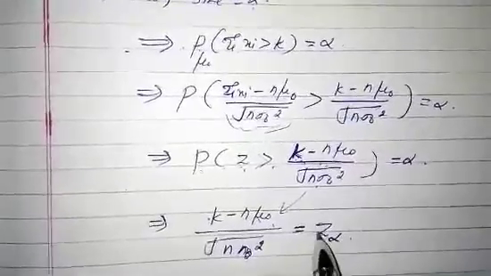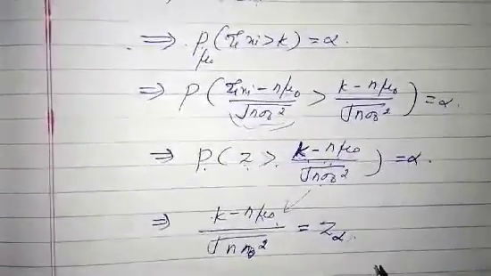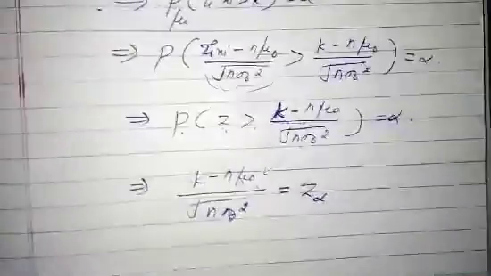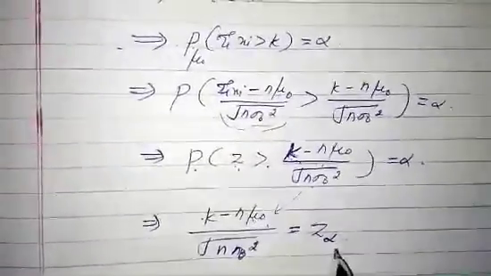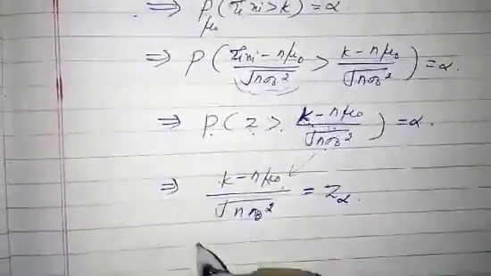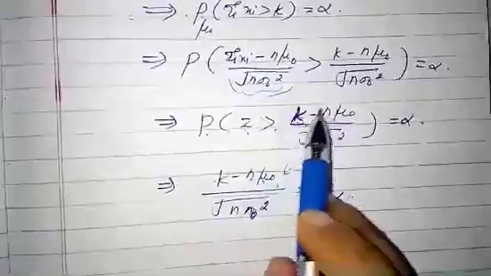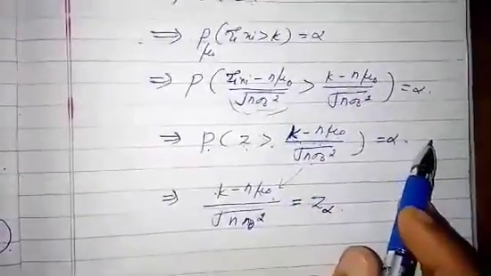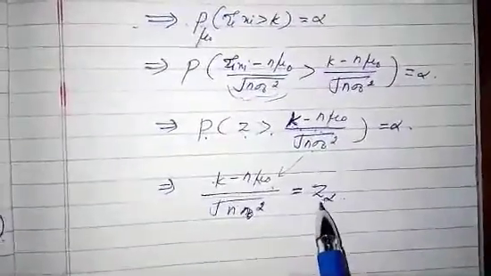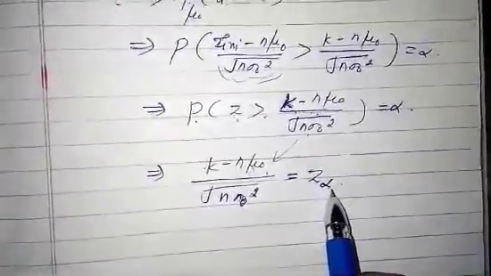This z alpha is obtained from the critical values of the standard normal distribution table.